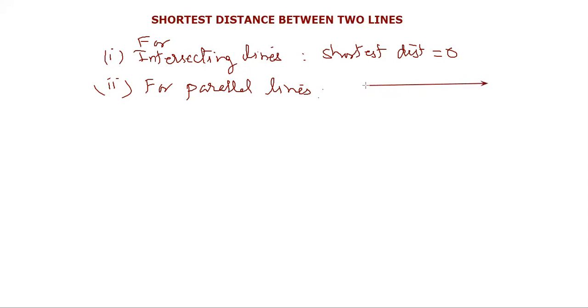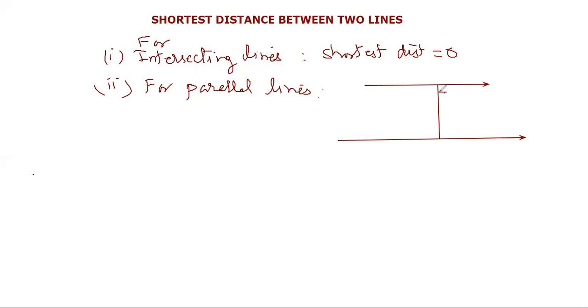This is one line and another line is parallel to this line. We have to find the distance between these two lines. So what will be the distance between these two lines? Shortest distance is perpendicular. If we draw a perpendicular from one point, this perpendicular from this to this will be the shortest distance.